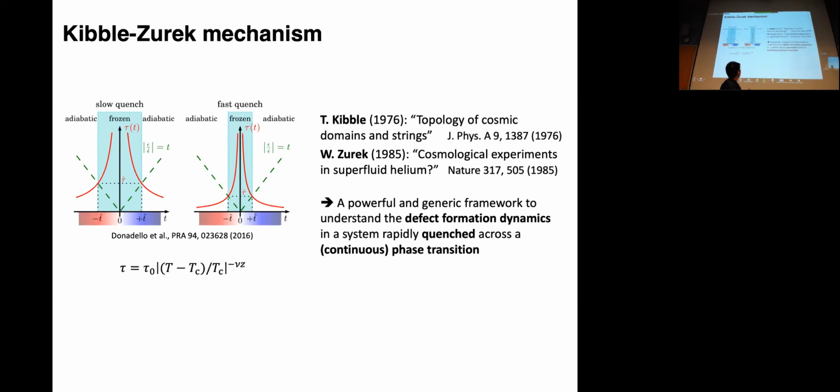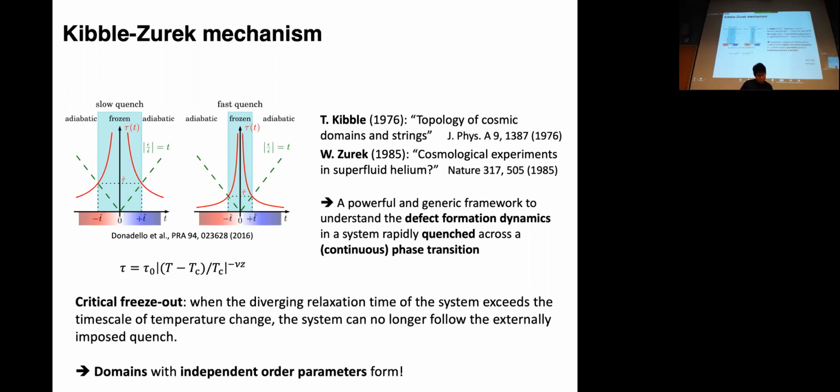And later, when the system's reflexes are recovered in the broken symmetry phase, domains with independent order parameters will form in your system. And as these domains merge at the boundaries, there can be defect formation of objects such as vortices and solitons.